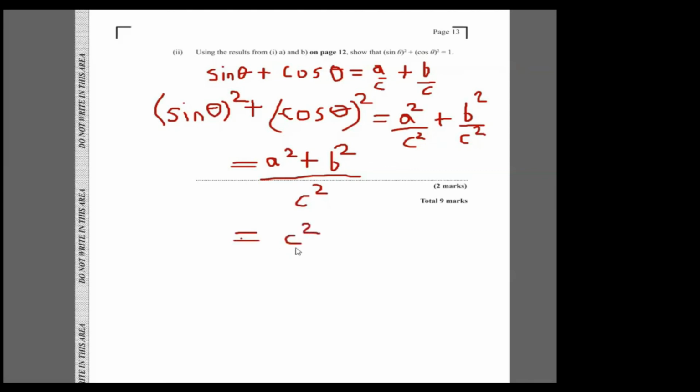So we get C square over C square. Any number divided by itself is 1. And so we've shown that sine square theta plus cos square theta is equal to 1. So in conclusion, sine theta squared plus cos theta squared is equal to 1. So that's how we show this. Nice and easy.